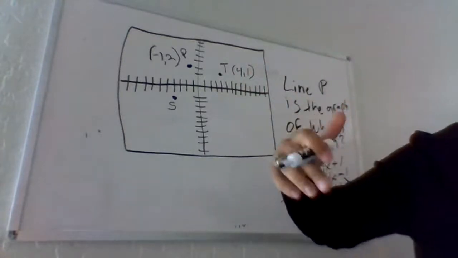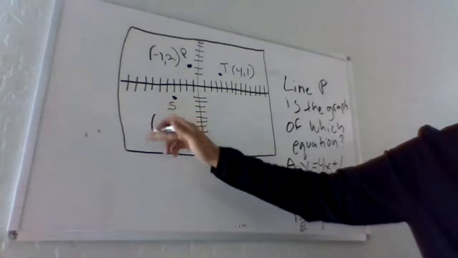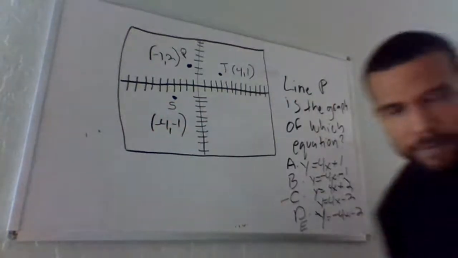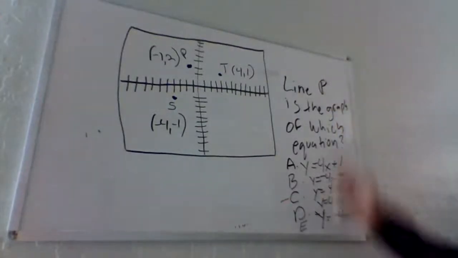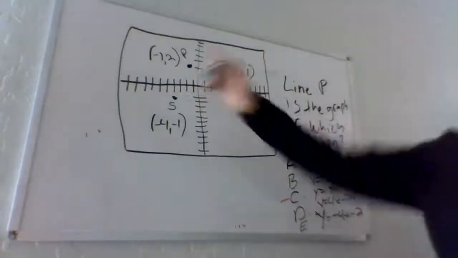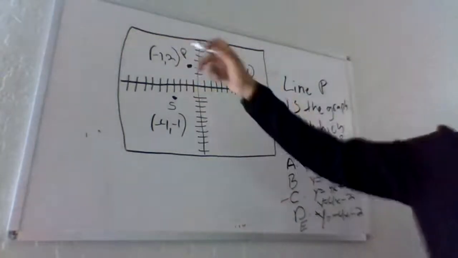And for S, it's going to be -4 and -1. So which one of these is showing the graph of P? If you were to graph these, which one is going to run into P?